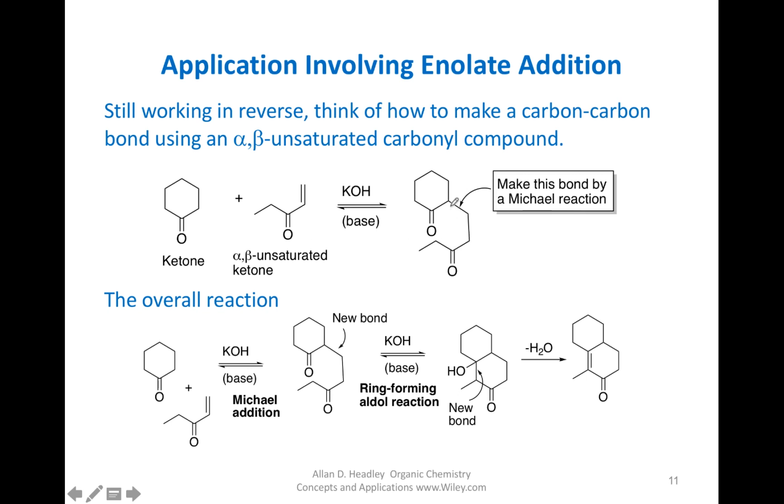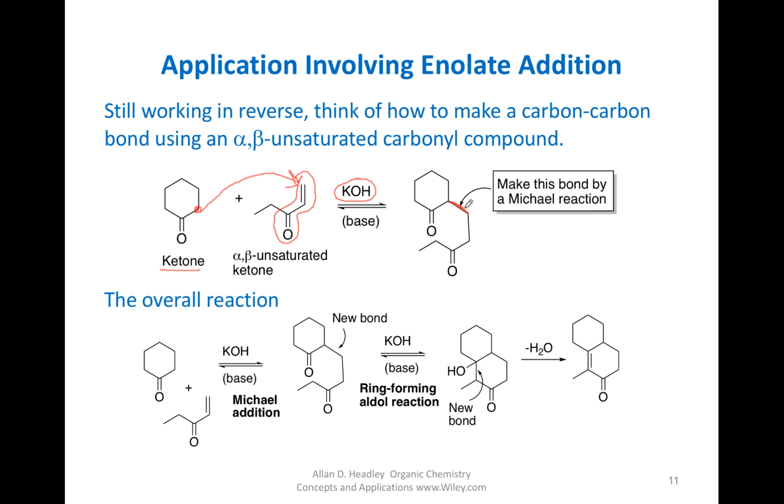So to make this bond here, we can see that if we had this as the enolate, or we can make the enolate from this ketone, cyclohexanone, in the presence of a base, in the presence of this alpha beta unsaturated carbonyl, this will add right here because that is the positive end of that unsaturated ketone to make this bond.